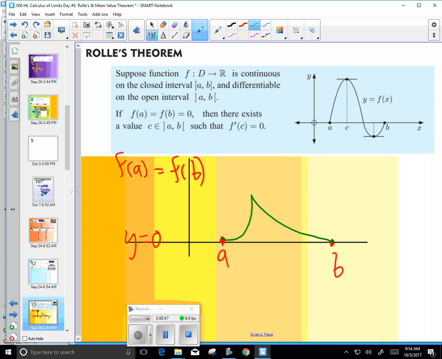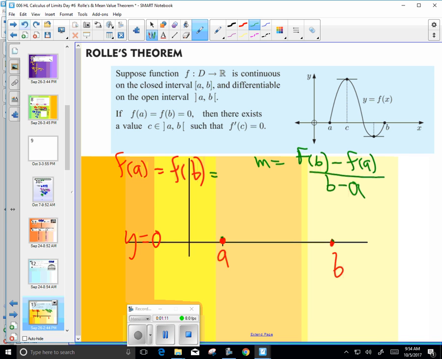Okay, then it's possible. But if we make one little addendum to it, the slope of f of b minus f of a over b minus a, what will that slope be equal to if these are equal to each other?